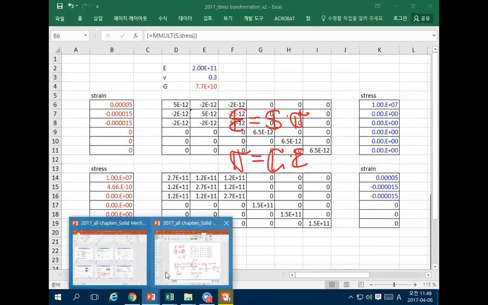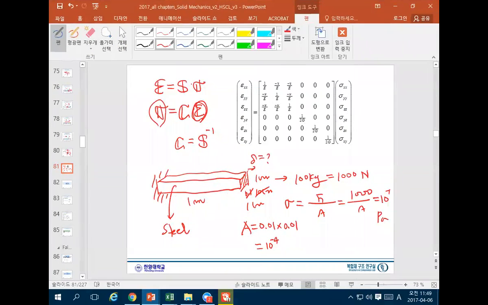Now, how to calculate deformation? Well, we simply need to apply, because what we calculate was, say this is the L, strain is delta over L, right?